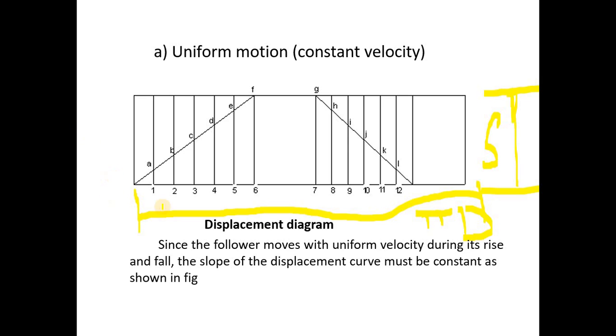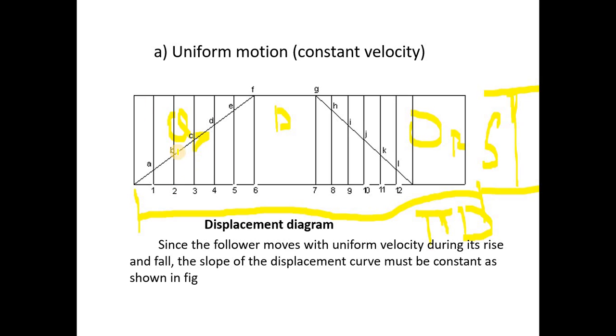So first of all, draw a horizontal line, dimension equal to pi d. First of all mark theta o, that is the outstroke, this is theta r, the return stroke, and this is what we call the dwell period, constant period. Make the same equal parts in the outstroke and the same number of equal parts in the return stroke if there is a constant velocity.